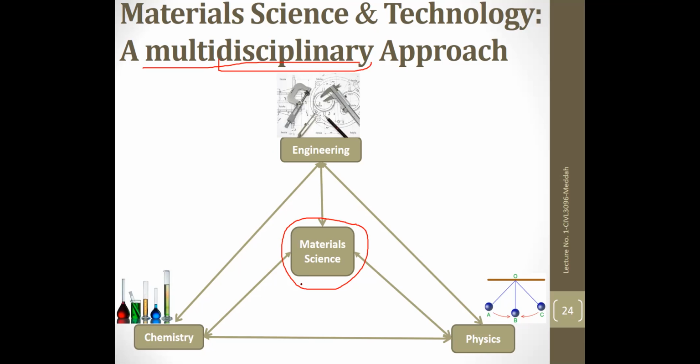So the bottom line, in order to properly understand material science and materials engineering, you need a strong background in physics and chemistry, at least to mention these two major disciplines.